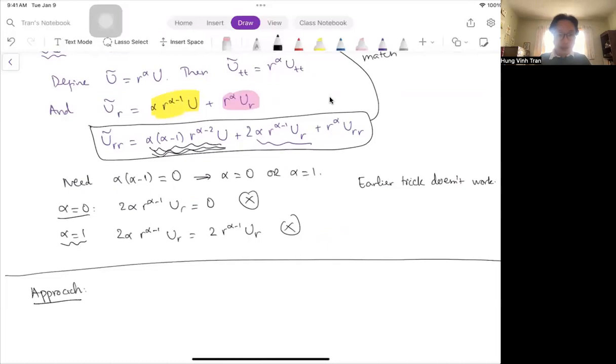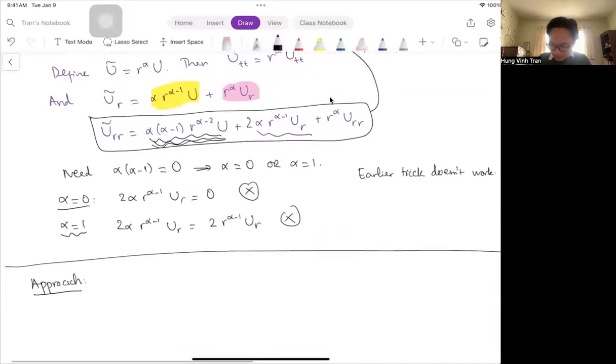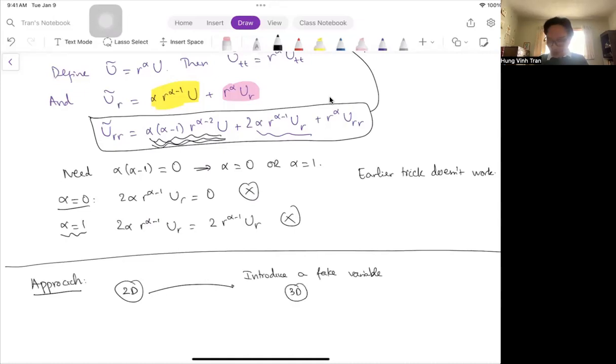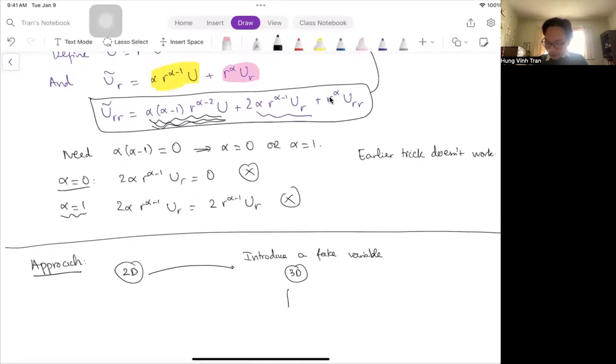It would be that we are in 2D, we introduce a fake or an additional variable to get to 3D. Okay, so in 3D we do have the Kirchhoff formula.